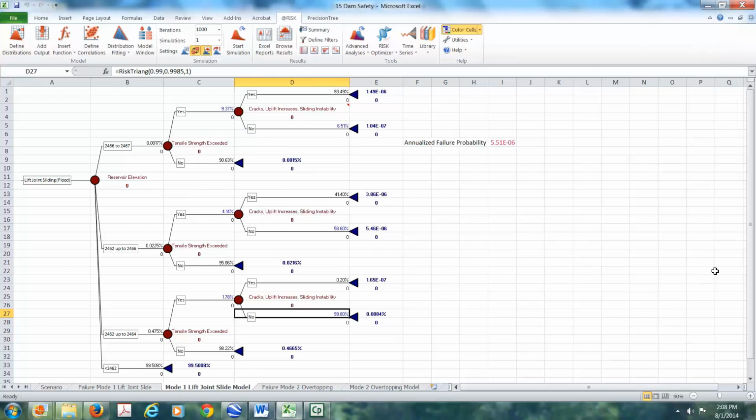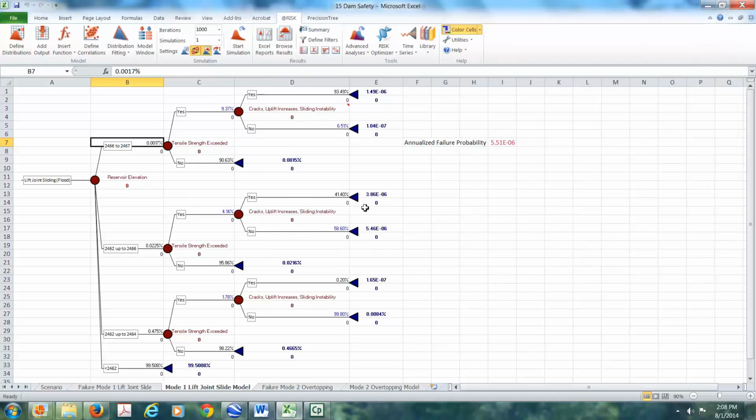You notice the use of a lot of non-parametric distributions here, and that's because of the relative lack of data for these events. The tree structure gives our problem a nice transparency. It identifies three different pathways that lead to a failure. For example, here we end up with a failure. Here we end up with a failure.